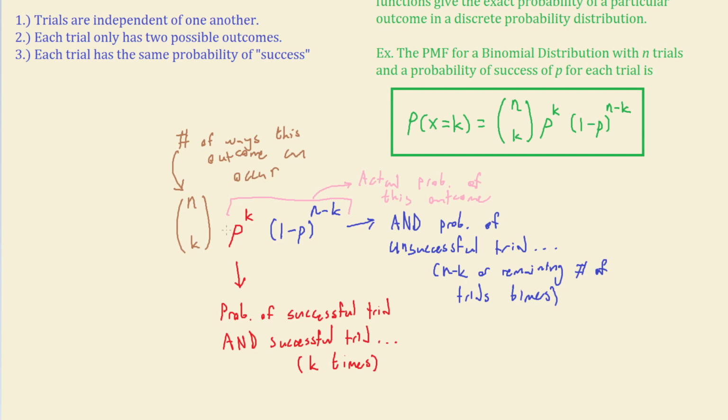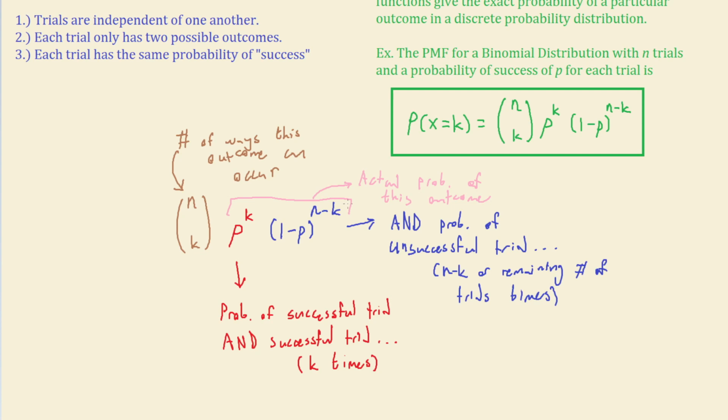And so in total, this whole statement here, this p to the power of k multiplied by 1 minus p to the power of n minus k, is giving you the actual probability of this entire outcome. It's the probability of having a successful trial and a successful trial and a successful trial, or k successful trials, and the probability of n minus k unsuccessful trials, which is overall giving you the total probability of what you're looking for, which is k successful trials and n minus k unsuccessful trials.